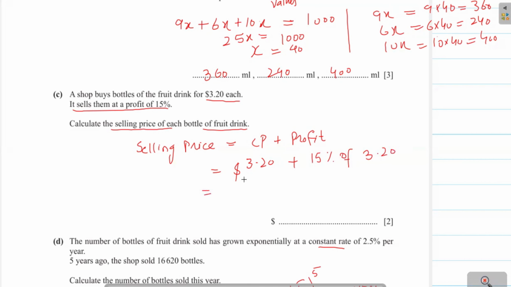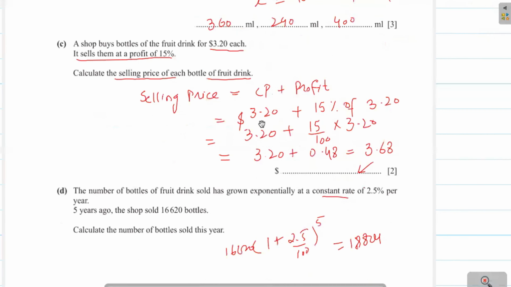We can write 3.20 plus 15 over 100 multiplied by 3.2, and this will be equal to 3.2 plus 0.48, which is $3.68. This is the selling price of each bottle of fruit drink.